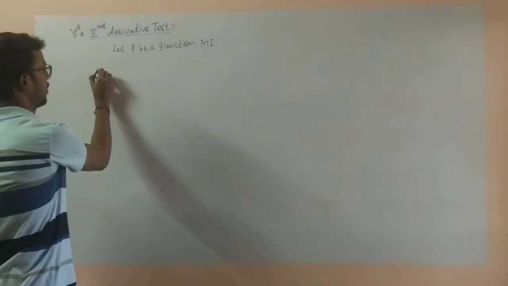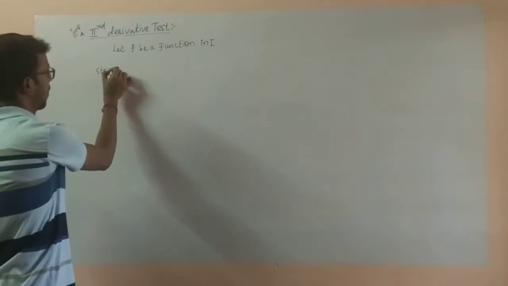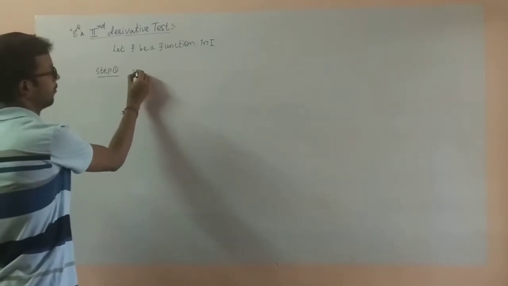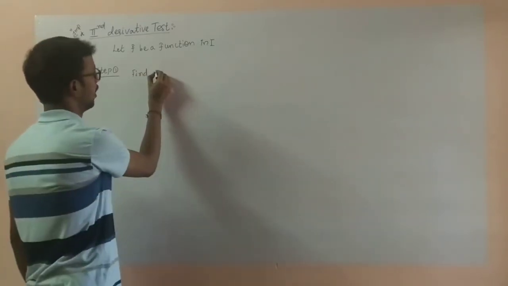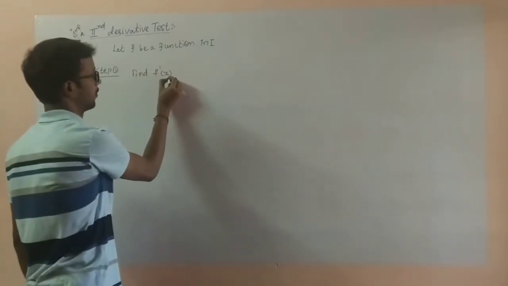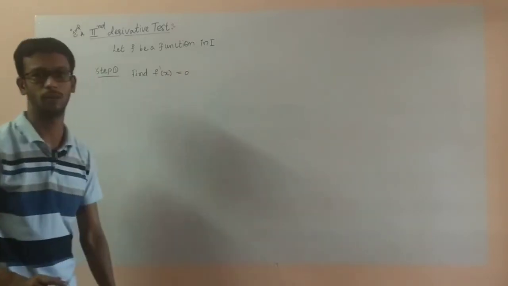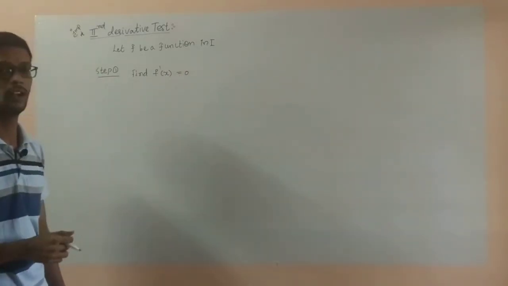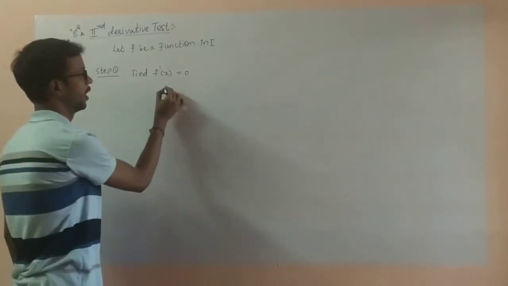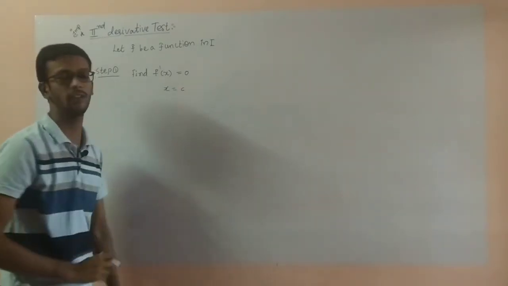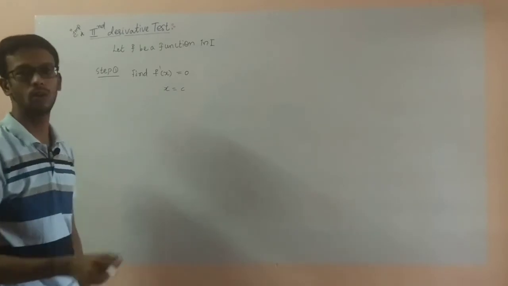Same as before, step 1. Find f dash of x and equate it to 0. You have to find f dash of x equal to 0. That implies you will get one or two critical points.